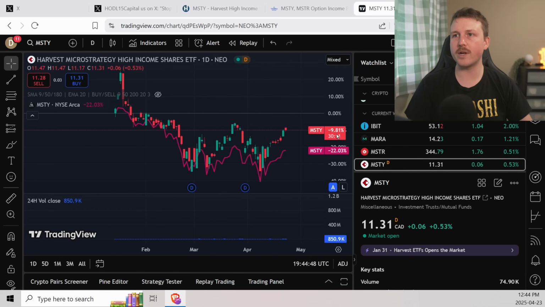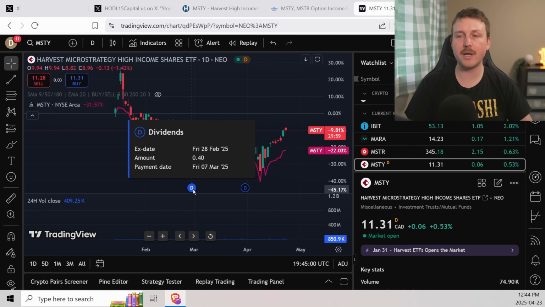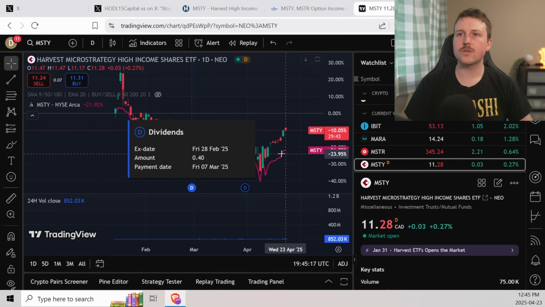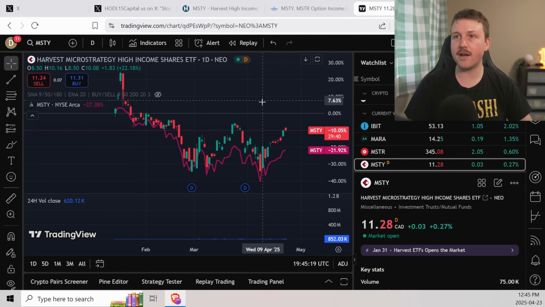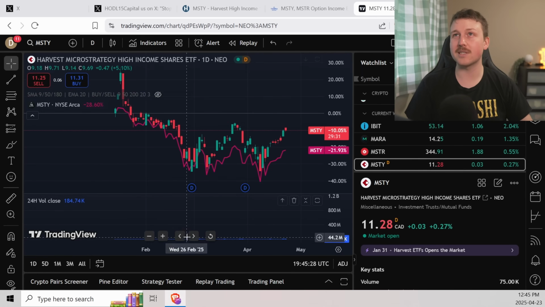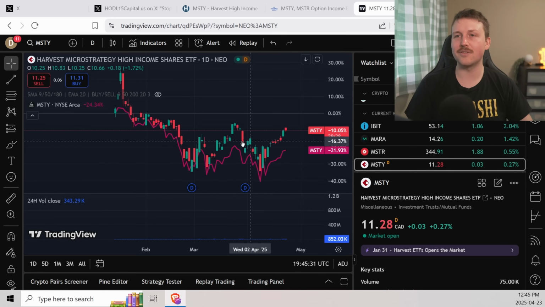So you can see 9% negative on Canadian MSTY, negative 22% on the American MSTY, and they both would have had the same amount of payouts, but the payout would have been different and potentially offset because of the larger payments. So this is some real head math here, but the American MSTY is roughly twice the price, even more than that because it's in US dollars, but let's just say it's twice the price of Canadian MSTY.